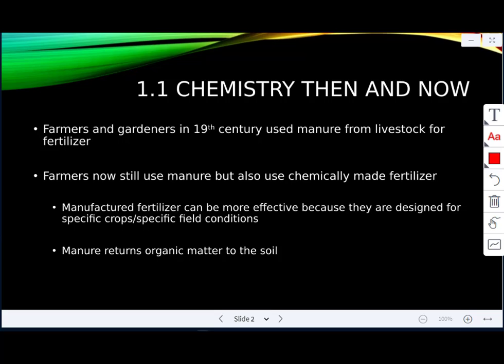You'll also see more pesticides being used on crops as well. This can be effective because they're designed for specific crops or specific field conditions. But an advantage of using manure is that it returns organic matter back to the soil, which helps with plant growth.